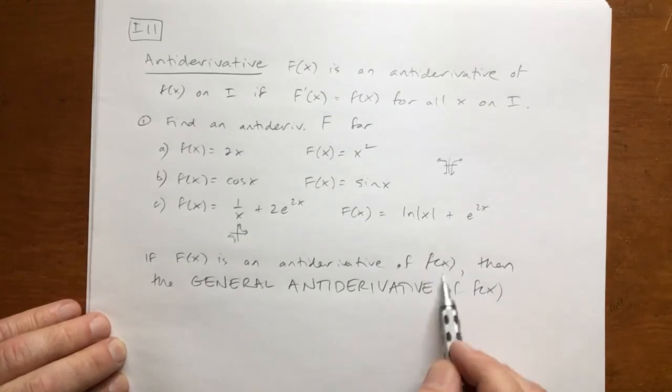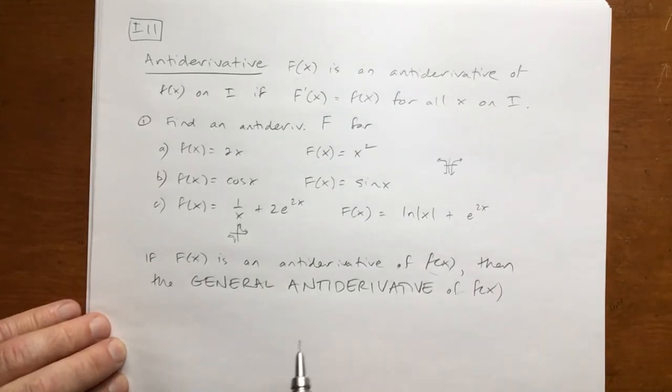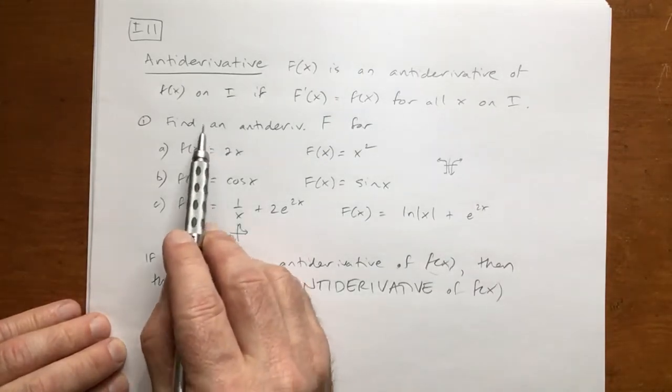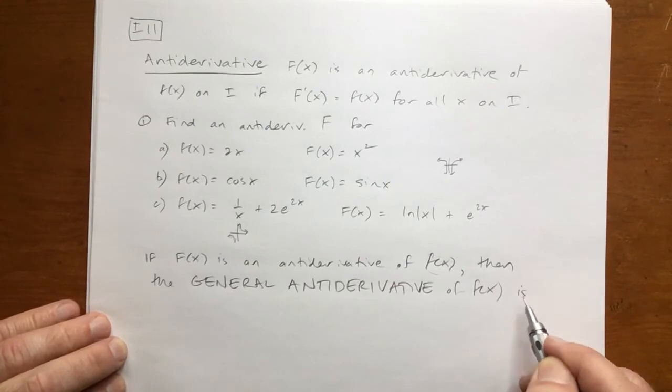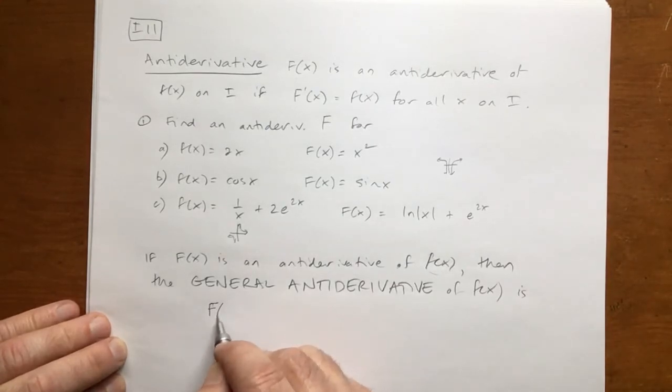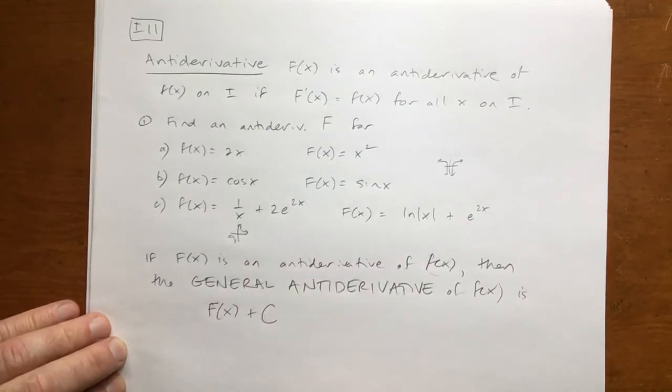So if we had this function and we were anti-deriving and we wanted not just an antiderivative, if we wanted the general antiderivative, so that's all things that we could possibly derive to end up with that, that's where big C comes in.